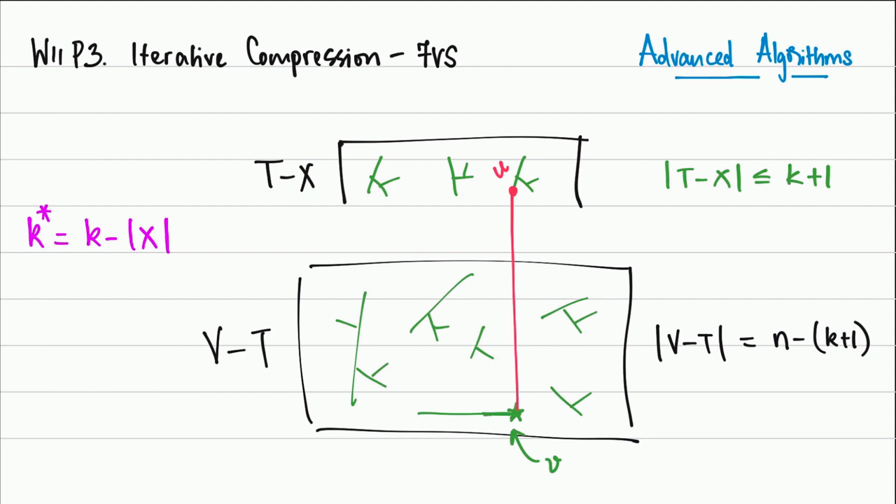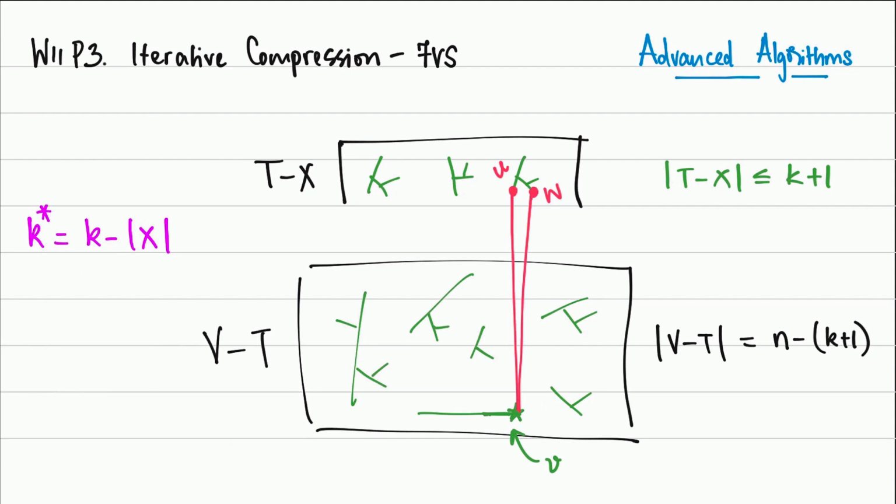Now, this extra neighbor that we know V must have, can it be in the same tree that u belongs to? Well, the answer to that is also no, because if we had another neighbor in the same tree that u belonged to, then this would have also been subject to one of our simplification rules.